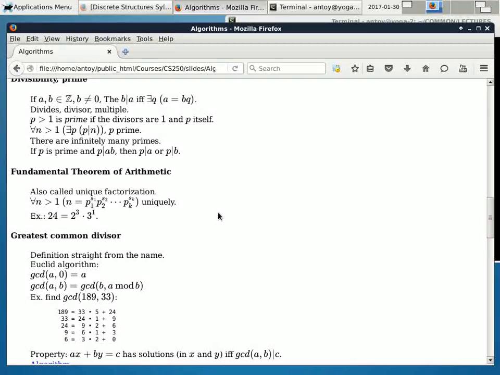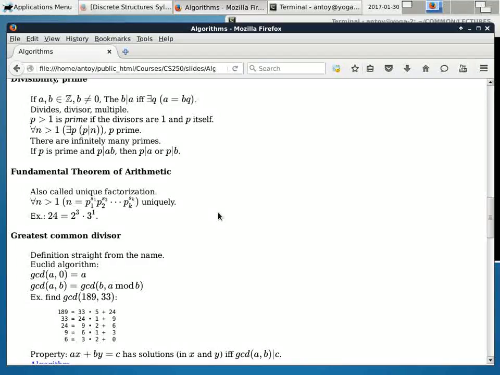So here I want to find the greatest common divisor of 198 and 33. All right? So 33 is not 0.